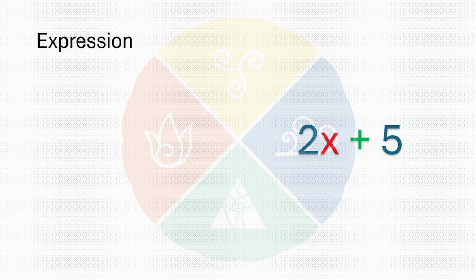Now we know what an expression is. I already asked you in the previous video, what is the value of this expression? Of course, we can't say. We can only answer that if we know the value of x. So an expression is a beautiful concept, because when the value of x keeps on changing, the value of the expression also keeps on changing.